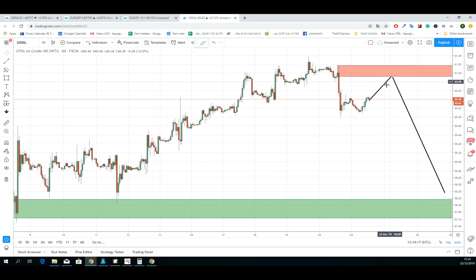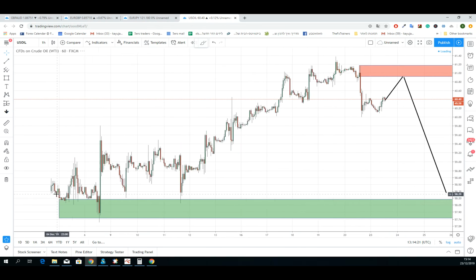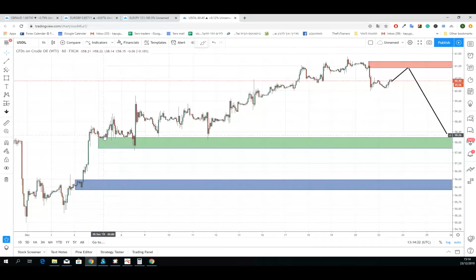The first target will be this support below here, and the final target will be this demand at the bottom. If the price reaches that level, it's a great level, not only to close the sell position, but also to open a new buy position here at the bottom.